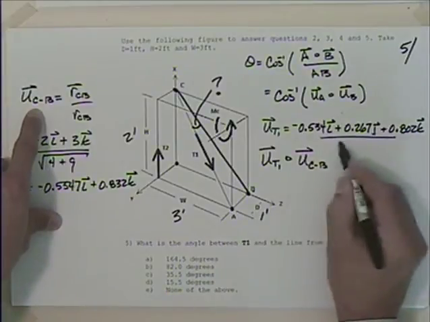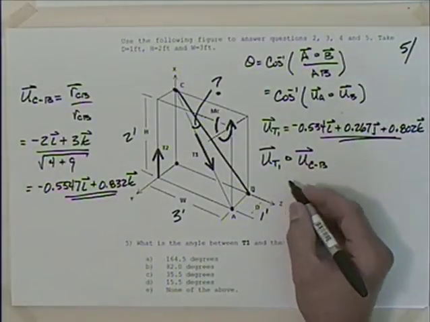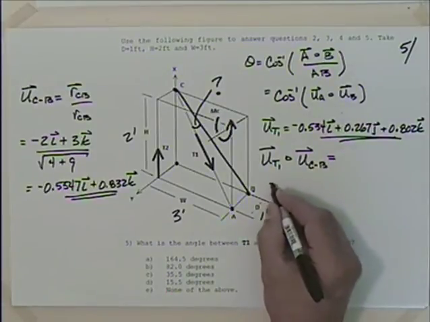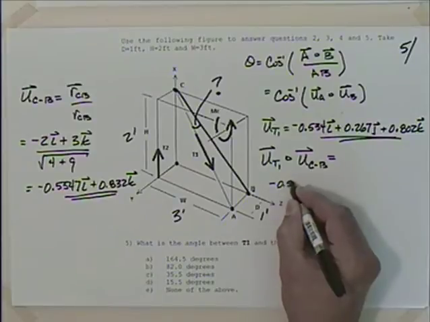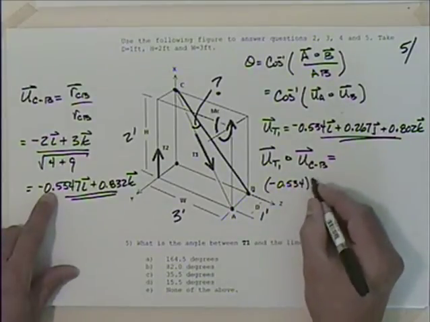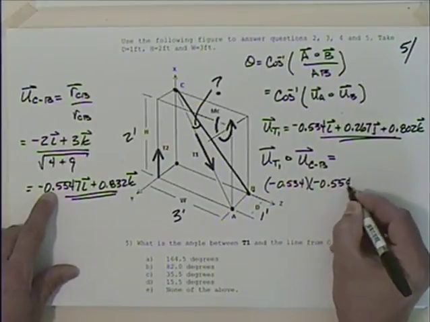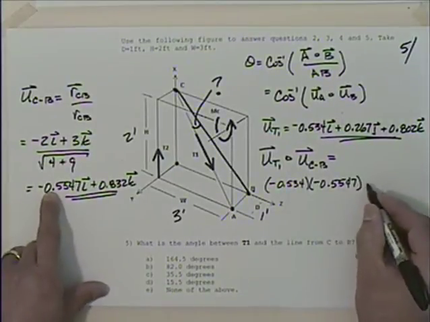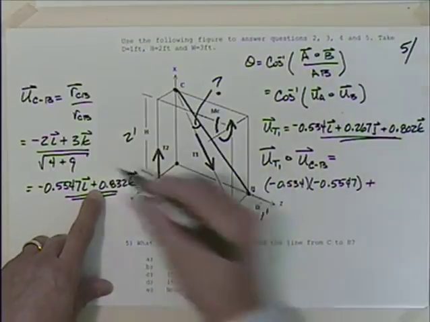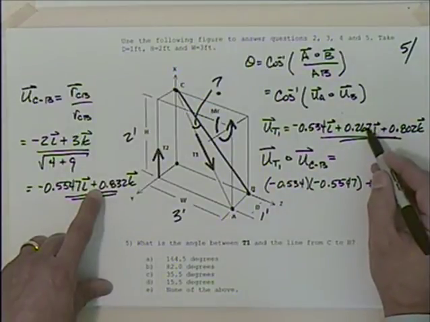So I'm dotting this with that. What do we come up with there? I'm going to have -0.534, that's the I piece here, times -0.5547. I have to add to that. There is no y piece here, so I needn't worry about that.